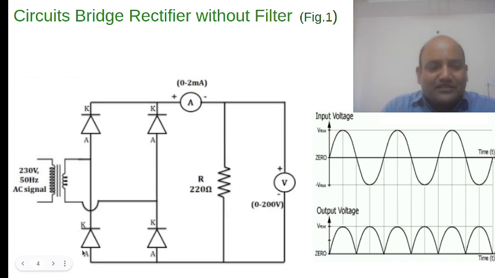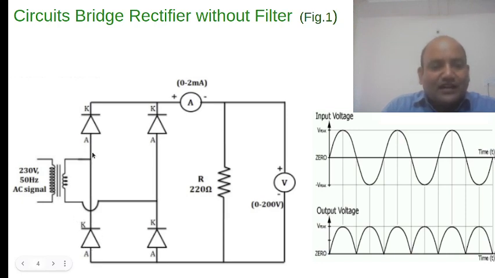This diode is reverse bias, because when positive is connected to cathode, the diode is reverse bias. When your positive signal is connected to the diode anode, then this diode is forward bias. So current will flow in this direction, not in this direction, because here it gets an open path.